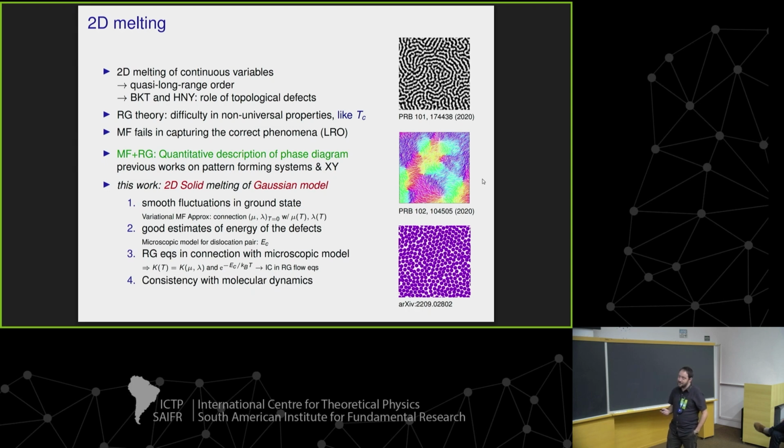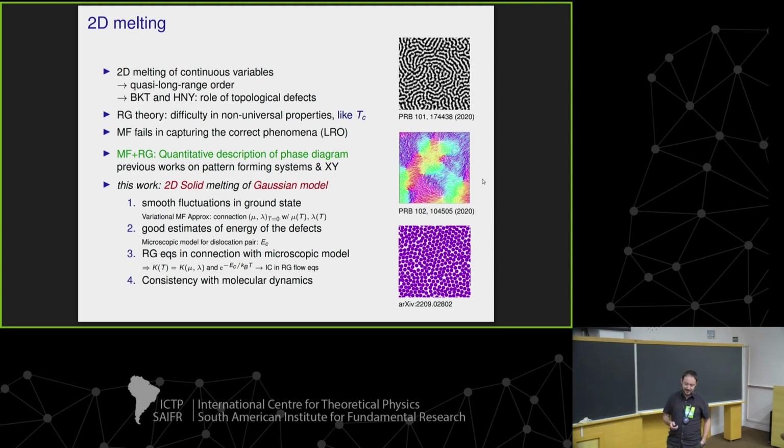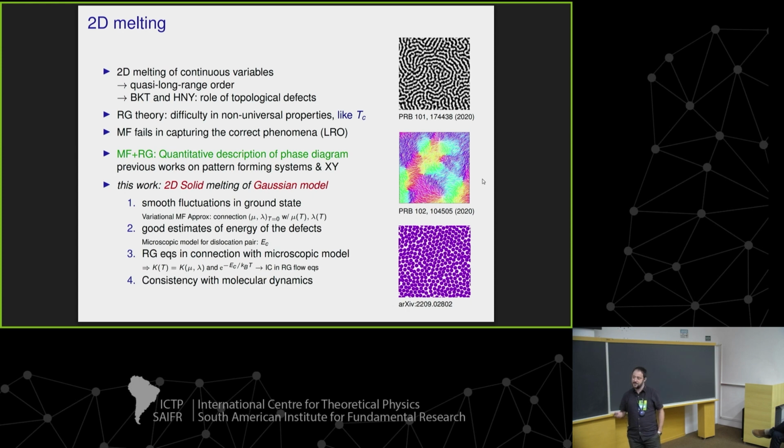So we are interested in describing two-dimensional melting in particle systems. We know that in two dimensions, systems described by continuous variables present a low temperature phase that is characterized by a quasi-long range order, where correlation functions decay algebraically in space.